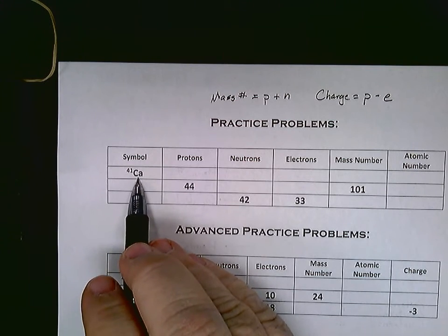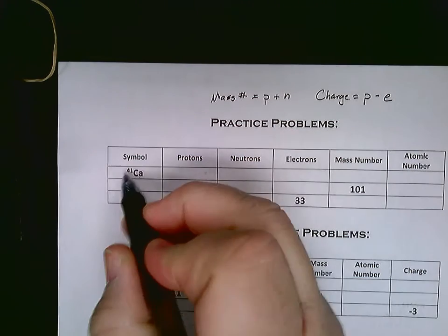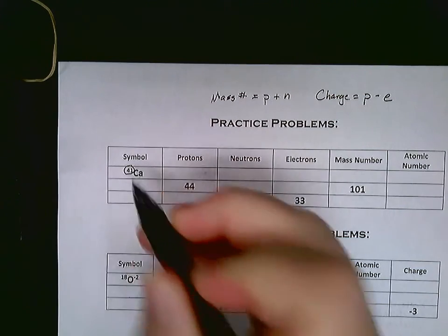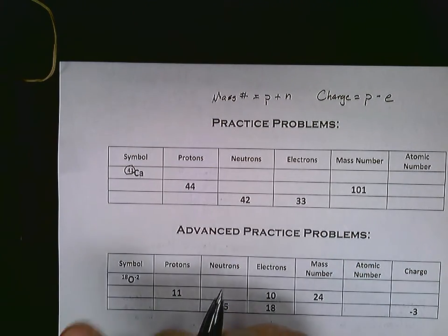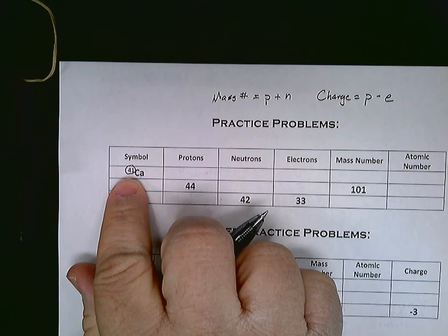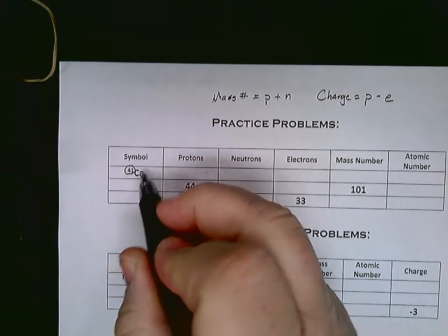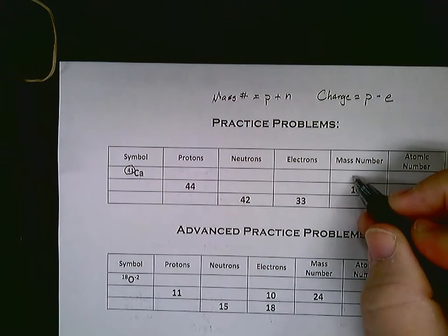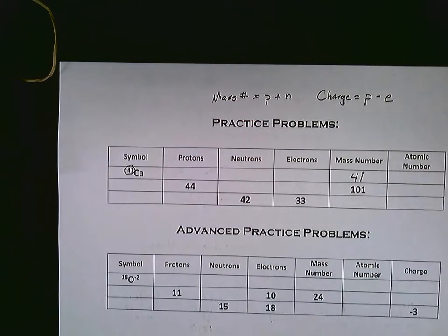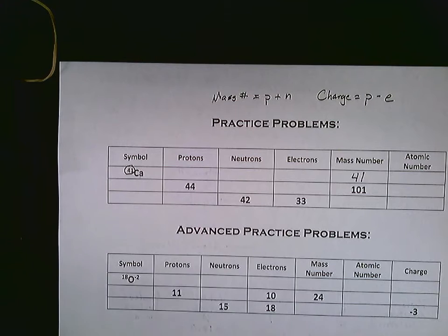In this case, we're given the symbol Ca, and we're given the number in the upper left. If you remember correctly, the number in the upper left is the mass number. So the first thing we can do is transfer that number immediately here, 41. When you look at the periodic table now, you'll see that the atomic mass says 40.